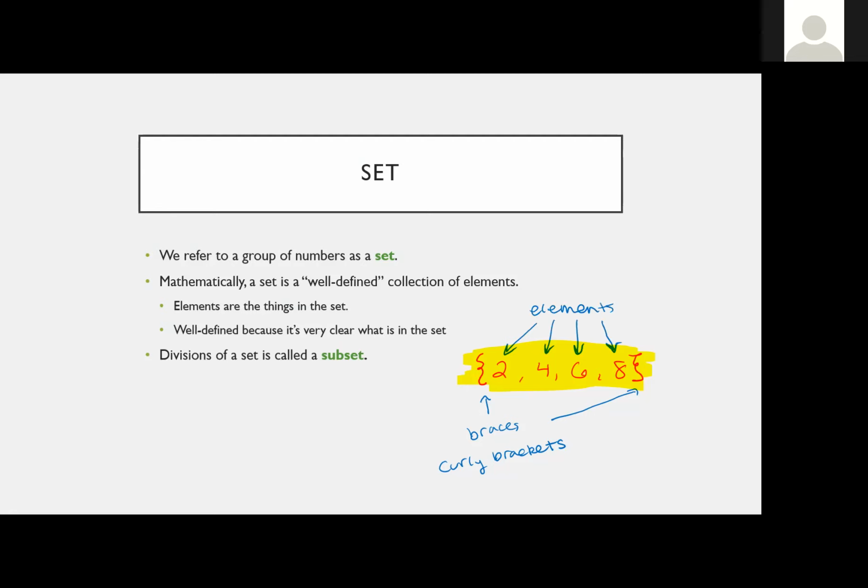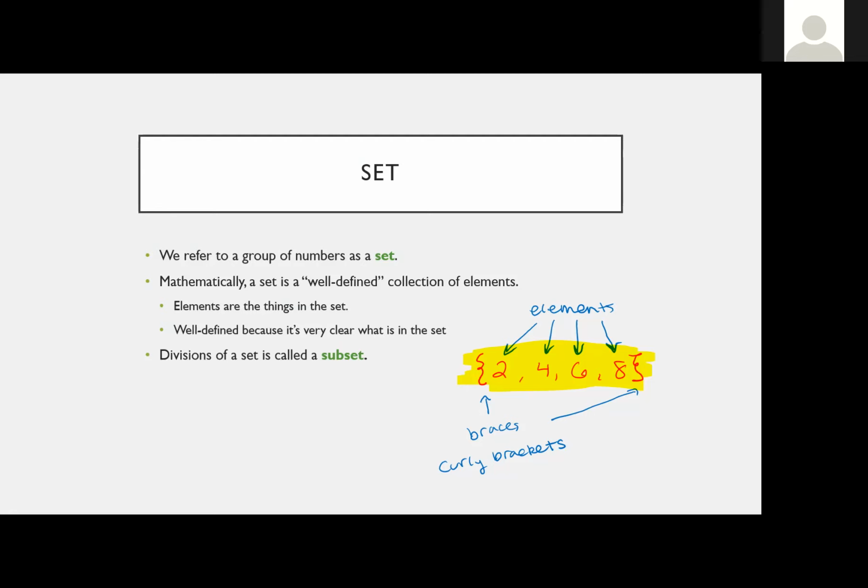So I defined this set as the even numbers less than 10, or I should say even whole numbers less than 10, because 0 could be considered an even number. That's not a whole number, so I didn't include that in the set. You define it in such a way that you know specifically what numbers are inside there. That's what it means to be well defined.